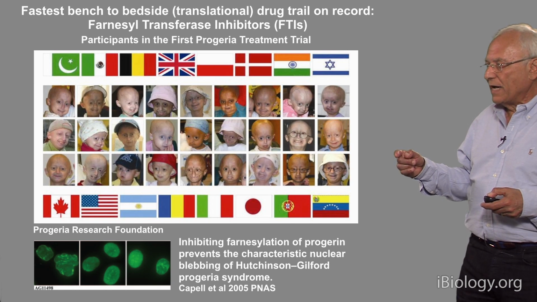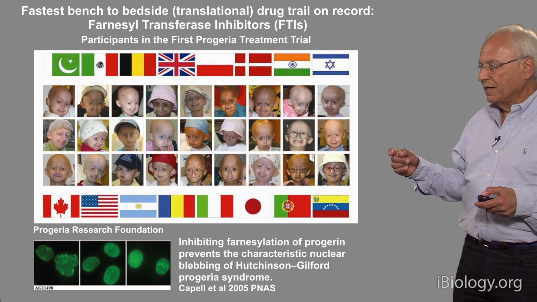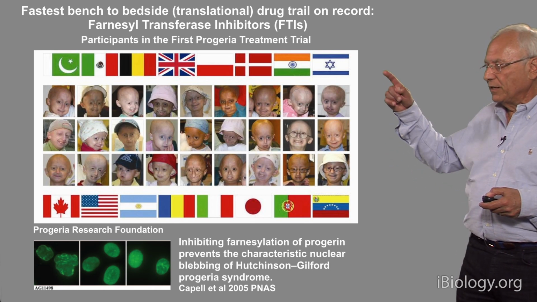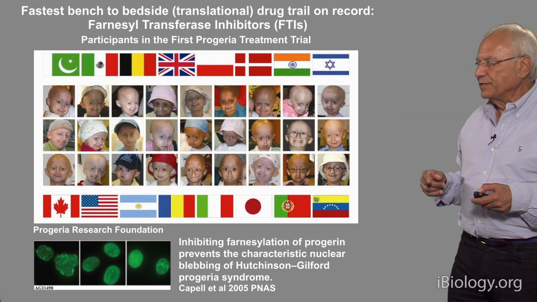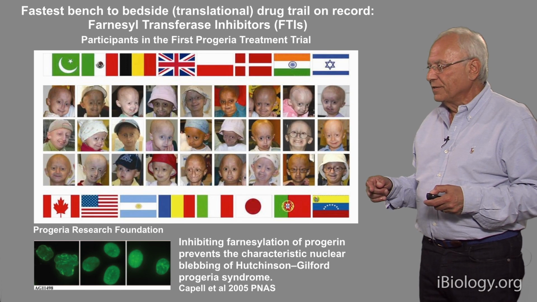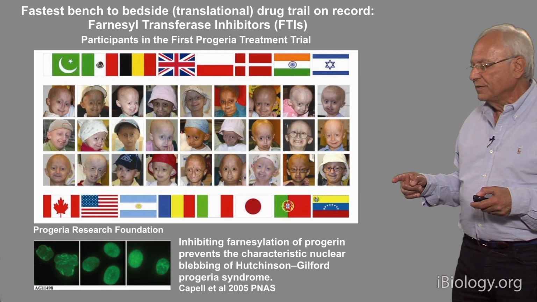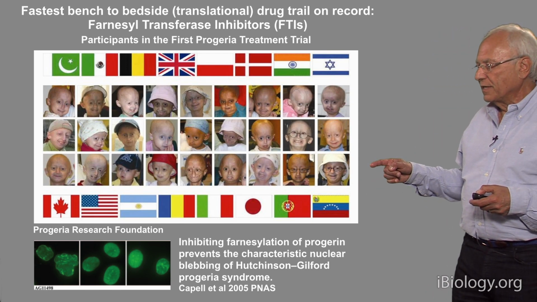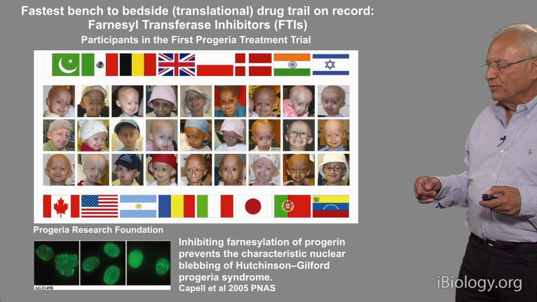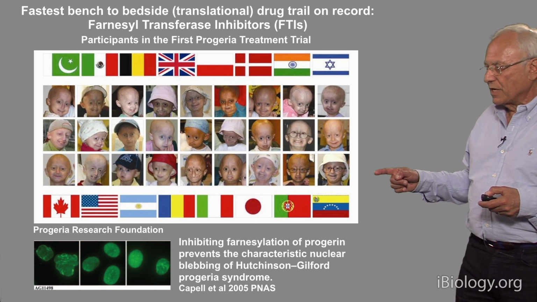This led to a very rapid, probably one of the fastest bench-to-bedside drug trials in the history of medicine, because there were available farnesyltransferase inhibitors, and this attracted participants from all over the world. Parents brought their kids, and are still bringing their children, progeria patients, to Boston Children's Hospital, where these trials are being conducted.